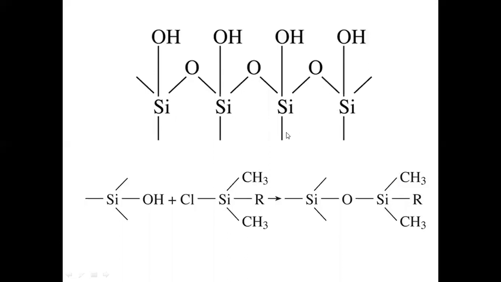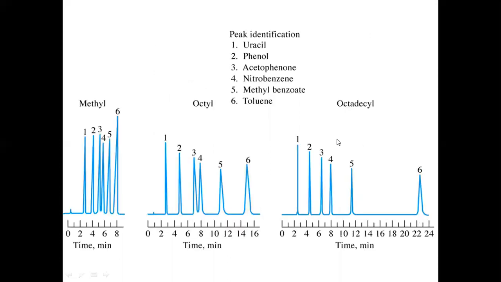You take this silica; this is a disilyl ether of modified silica. It has an R group here, and this R group can be regulated in order to vary the polarity of the stationary phase. Assume the modified silica uses a methyl substituent, an octyl substituent, and an octadecyl substituent.